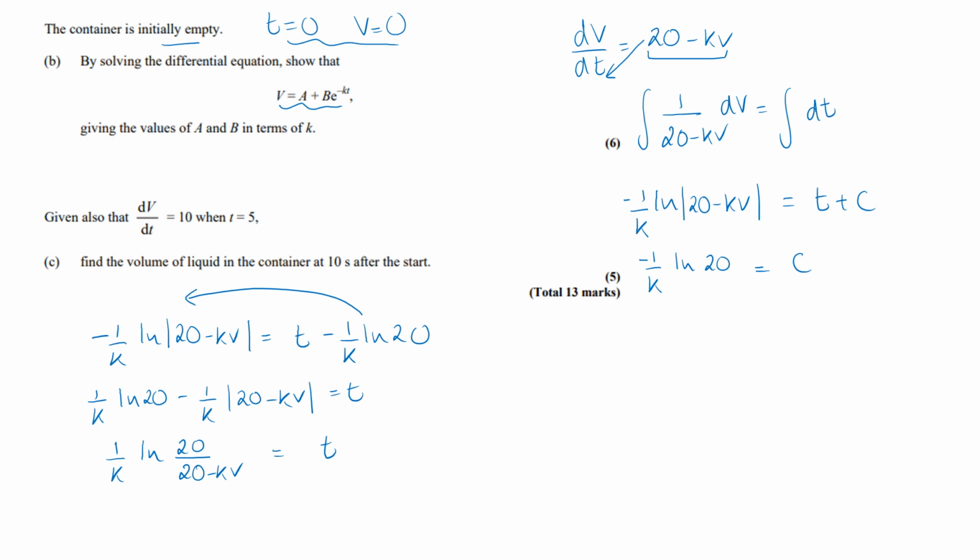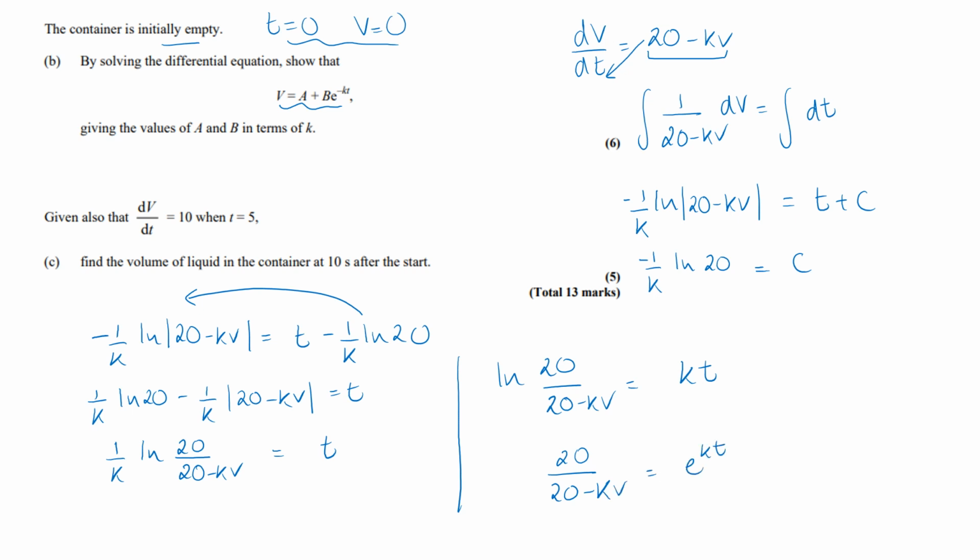If we times by k, we'll have the ln of 20 over 20 minus kV is equal to kt. Now if we raise each side to the e, we'll have 20 over 20 minus kV is equal to e to the kt.